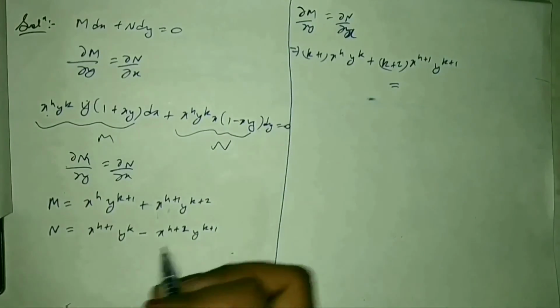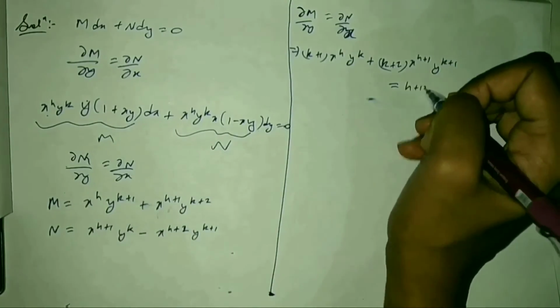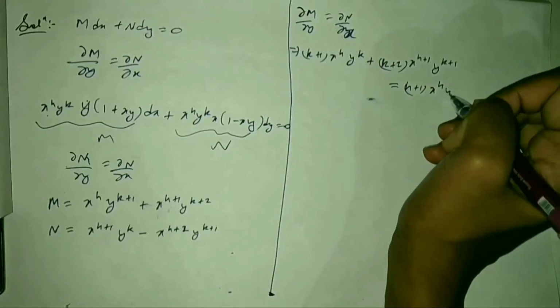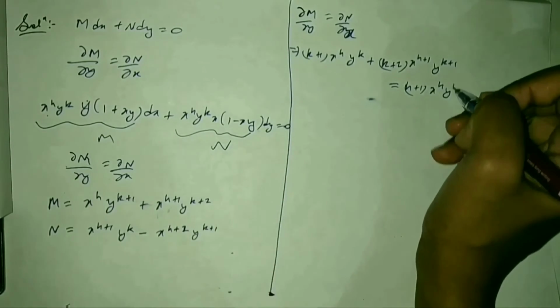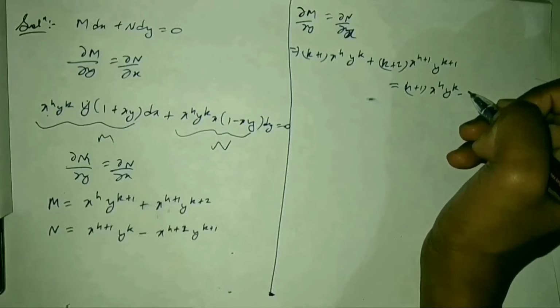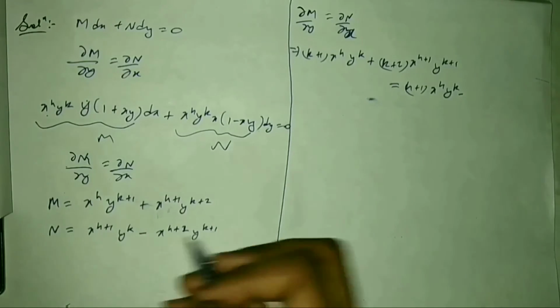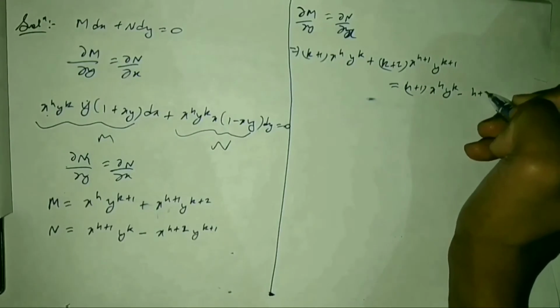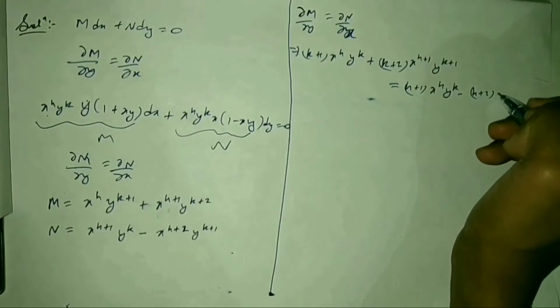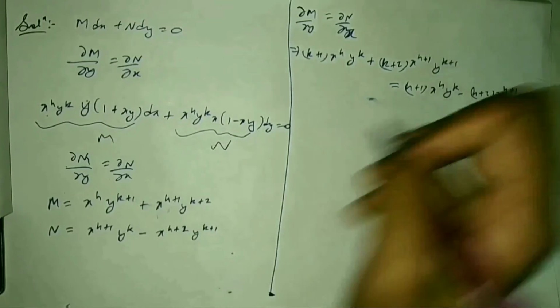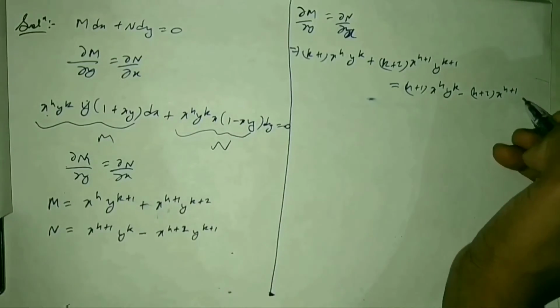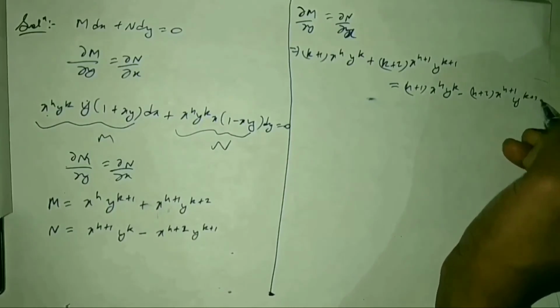So del N by del x will be (h+1) x^h y^k minus (h+2) x^(h+1) y^(k+1).